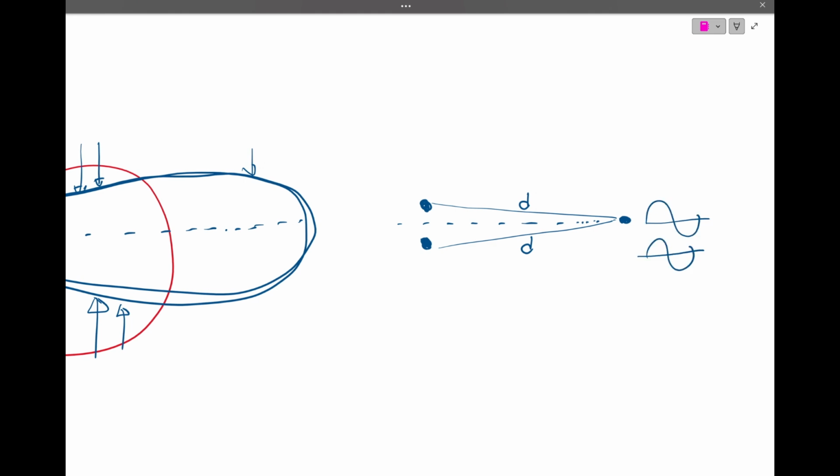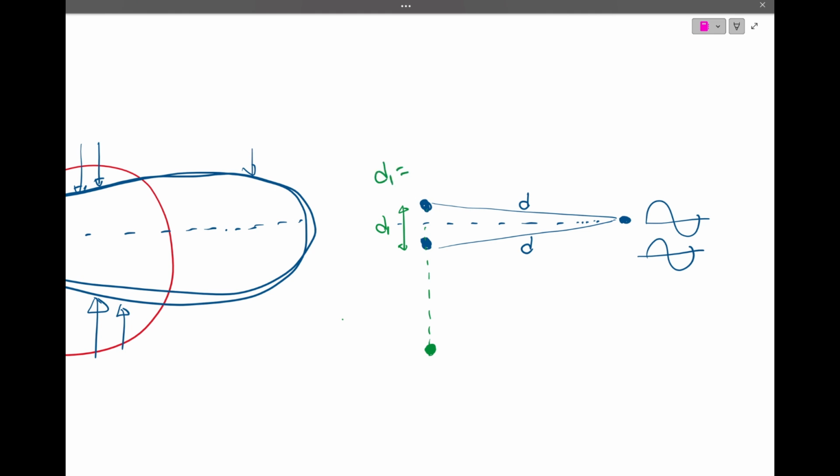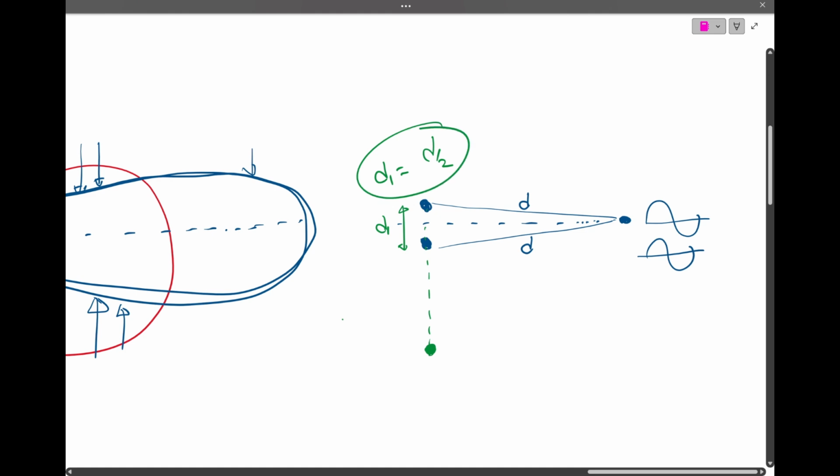Now let's say you have a point somewhere here. This distance is, let's say, d1. If d1 is lambda by 2, that we normally have, this wave will add like this, and they will destructively add, with zero energy here.